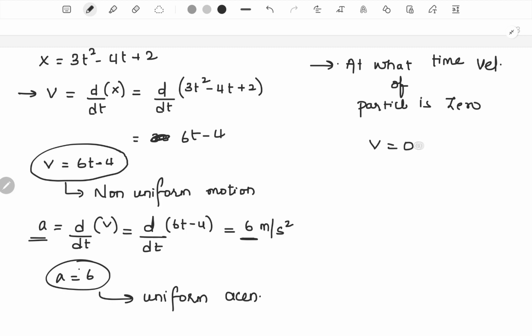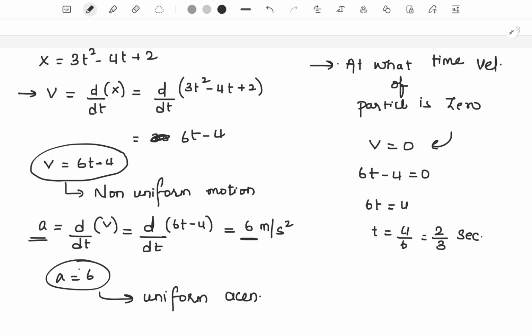We already know that at some time v is 0, so we'll express v in terms of t. We get 6t minus 4 is equal to 0, or 6t is equal to 4, or t is equal to 4 by 6, which is equal to 2 by 3 seconds. So basically at t equal to 2 by 3 seconds, the velocity was 0.